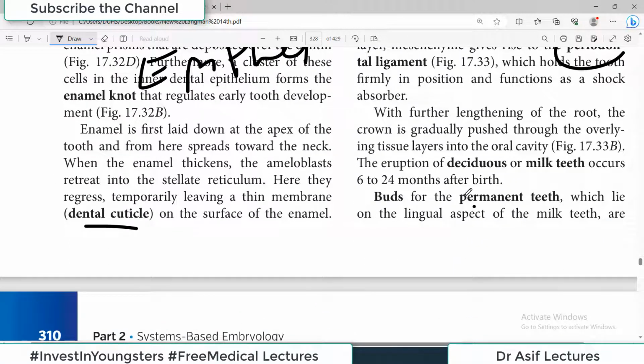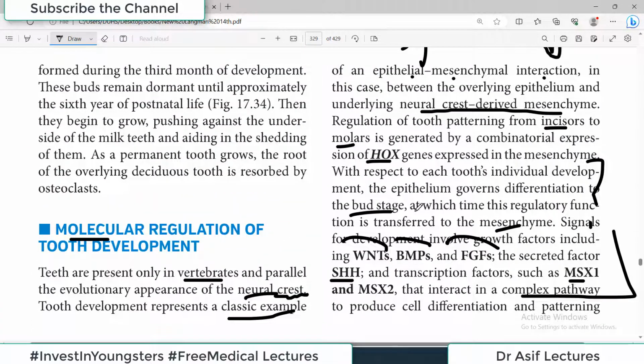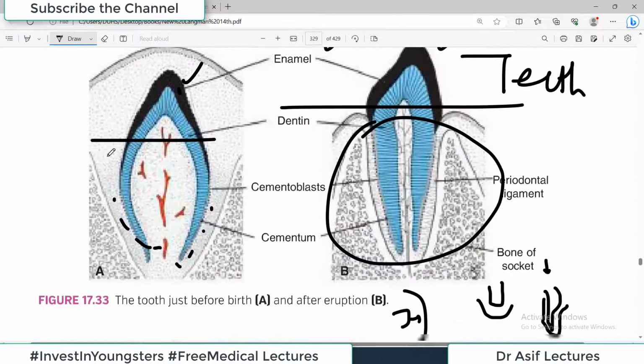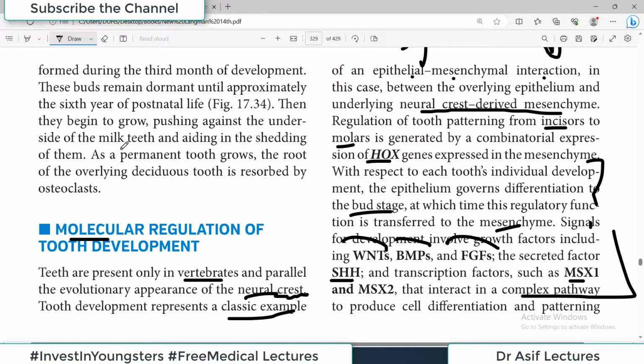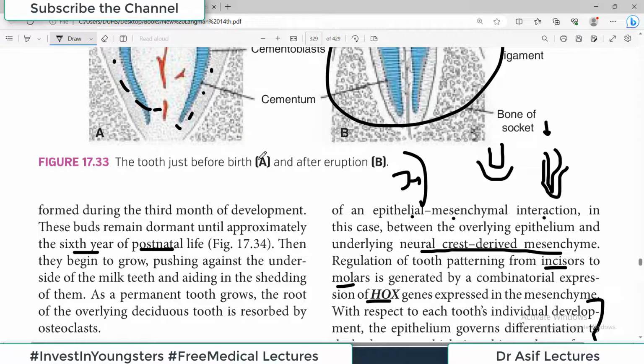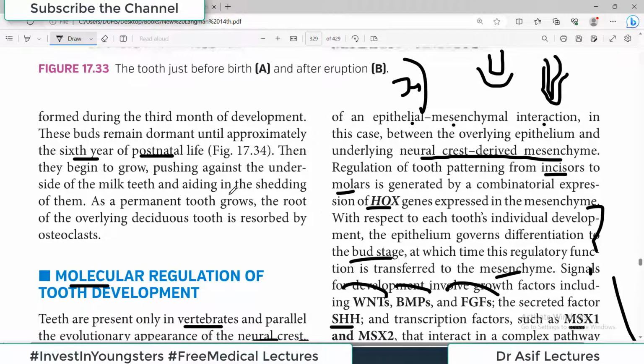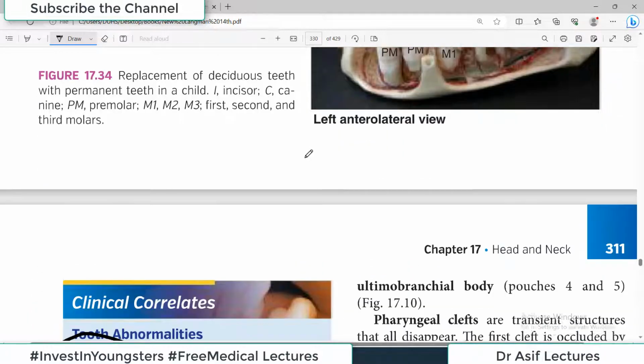Now buds for the permanent teeth, पहले तो permanent teeth से जो teeth आते हैं वो क्या होते हैं? Deciduous या milk teeth, दूध के दांत जिसे कहते हैं. इसका timeline है 6 to 24 months. लेकिन उसके बाद we also have the buds for the permanent teeth which after a time they start growth और फिर वो जब grow करती हैं from the 3rd month of the development they say कि ये buds appear हो चुकी भी होती हैं, but इनकी जो growth है later on in the life, in the post natal life, 6th year of the post natal life, they start pushing the deciduous teeth और deciduous teeth basically गिर जाते हैं and then they are replaced by the permanent teeth. ये diagram देखें जरा.